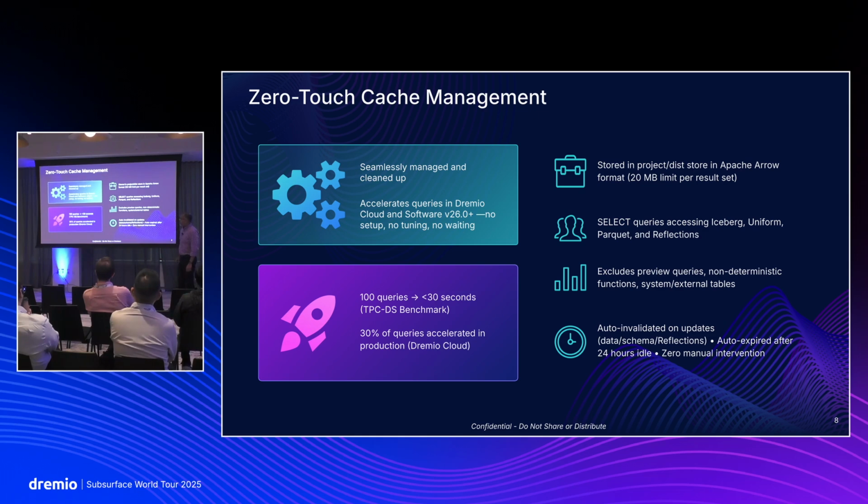Now, one data point that I wanted to share here is we have Dremio Cloud, and we are looking at some of the queries coming in from different customers in Dremio Cloud. We find that 30% of queries that come in get accelerated by result cache today, right? Which is a big win.